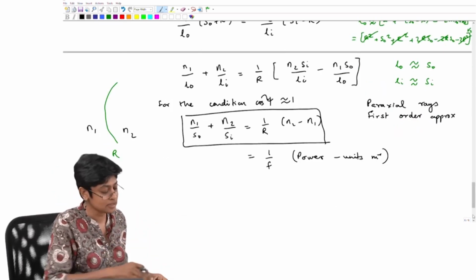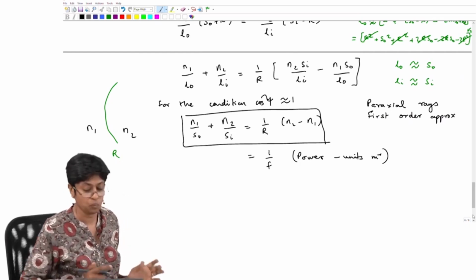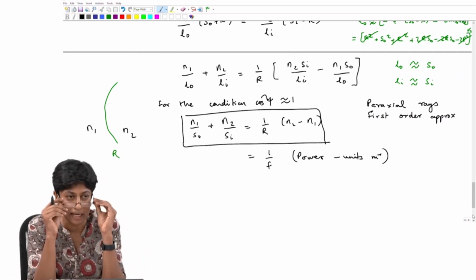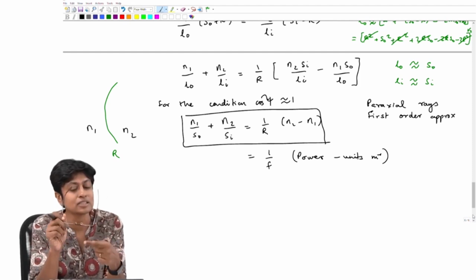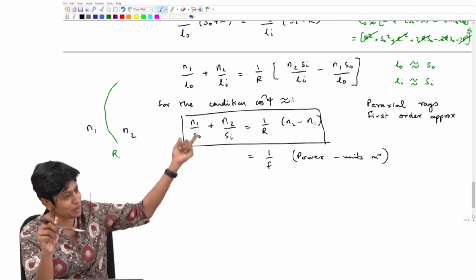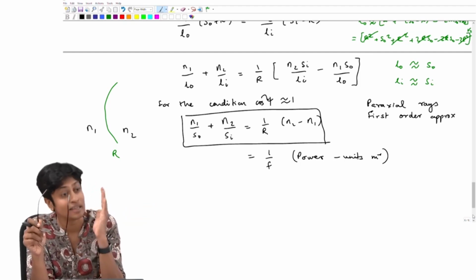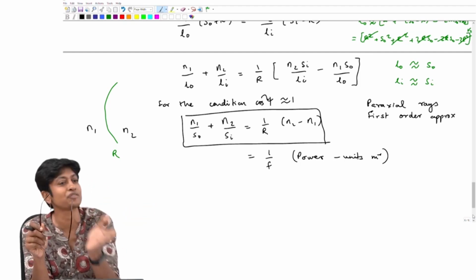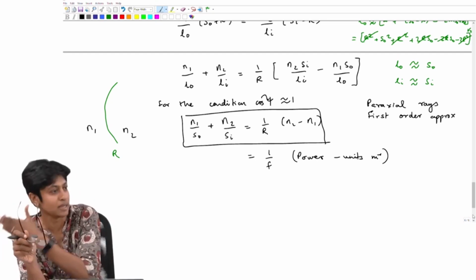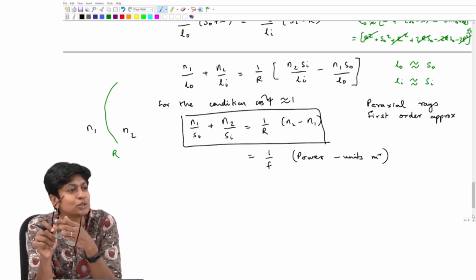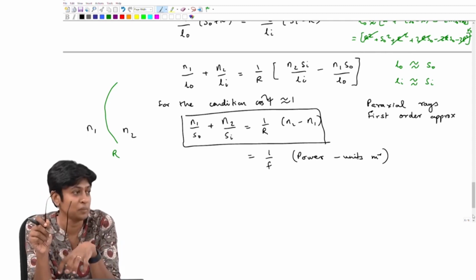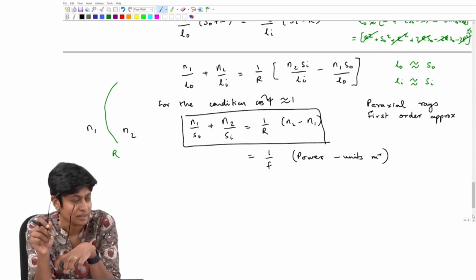Now, this is still not that useful. Why? Because my lens doesn't consist of air on one side and then glass all the way. It has one surface, it has a second medium, and then that medium ends at another interface, and then I go back into air or I go back into some other medium. So, I now use this formula as a base.